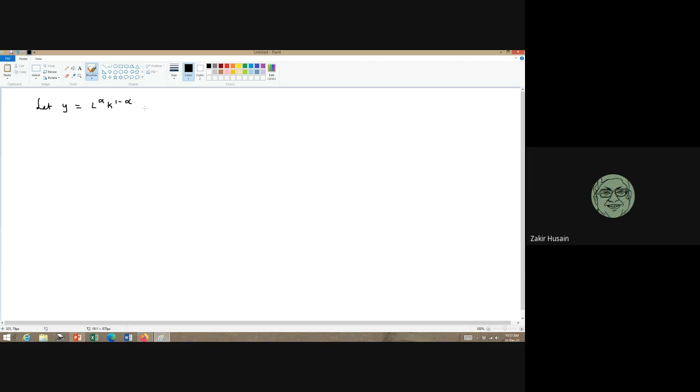let us take a Cobb-Douglas production function. So this is homogeneous of degree. What is the degree of homogeneity? 1. It is a linearly homogeneous production function.